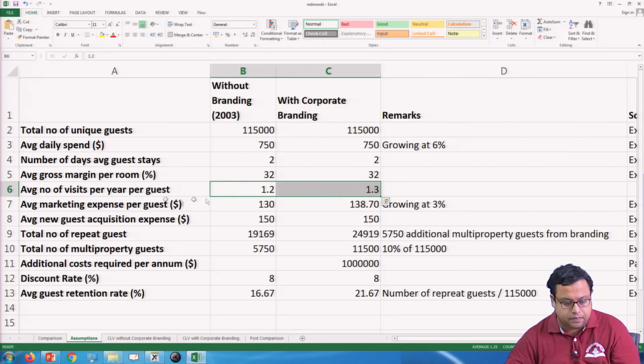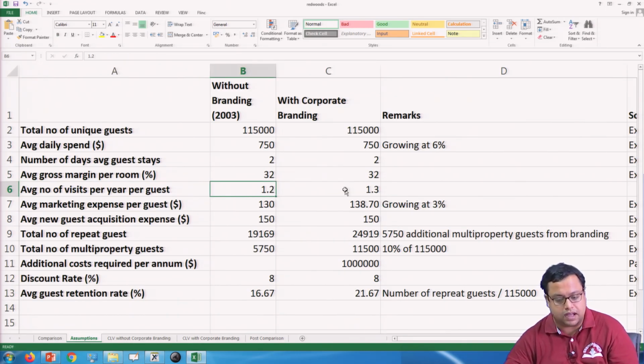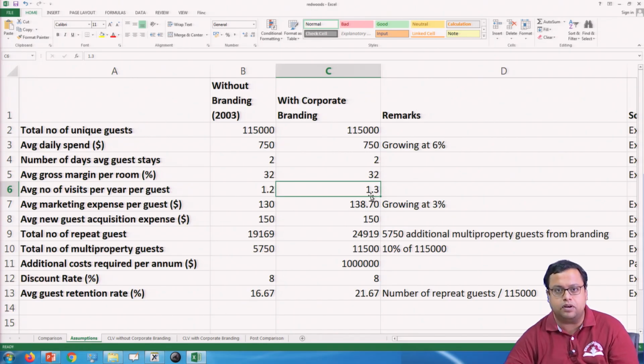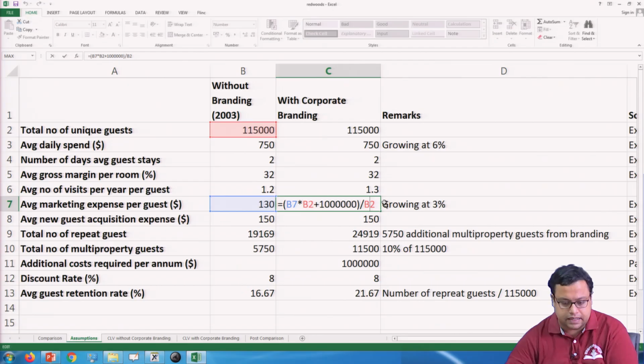The average number of visits per year per guest goes up slowly when you do corporate branding, because they come back. A repeat customer comes up, which is not very high, 1.2 to 1.3. Average marketing expense per guest is 130, and you can see the calculation.